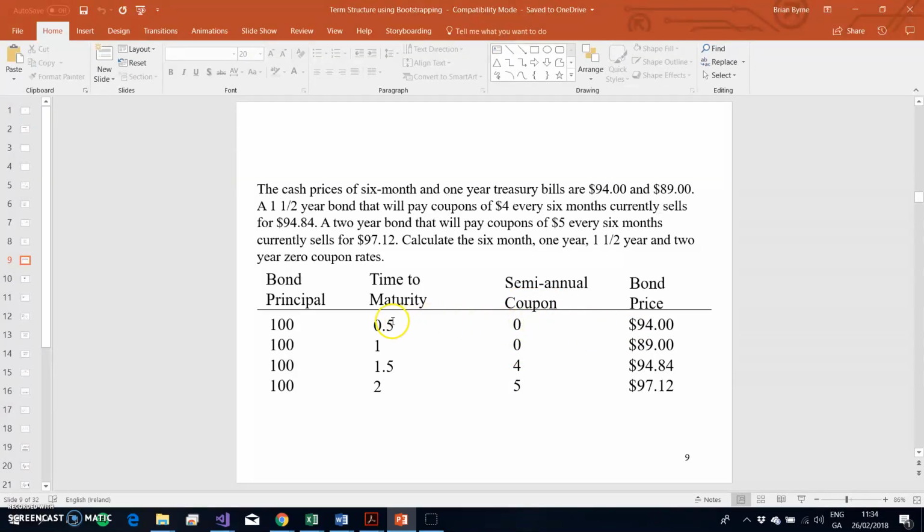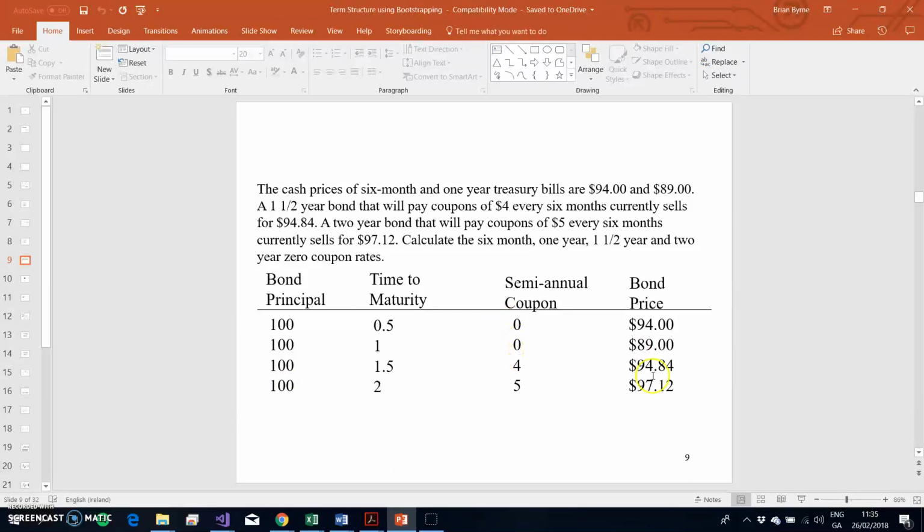So this one is for 6 months, and then after 6 months you get 100 back. You put in 89 today, after 1 year get 100 back. Put in 94.84, get coupons at 6 month intervals, matures in 18 months, get 100 face at the end. And then the 2 year bond, you pay 97.12 today, that's the market price, get a $5 coupon every 6 months, it matures in 2 years, at the end of the 2 years you get this face value of 100 back.